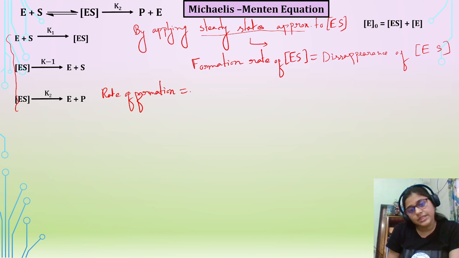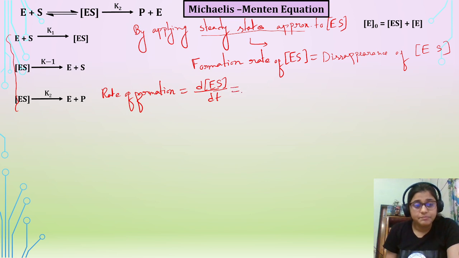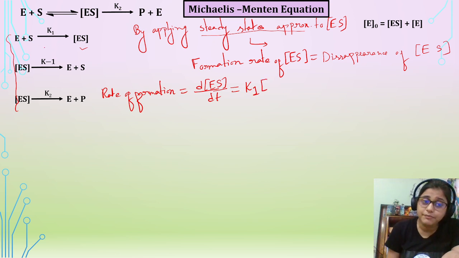We read about rate of formation at the start of chemical kinetics. It is dES by dt, positive because it is forming. Taking this as an elementary step, the rate will be K1 into the substrate concentration.